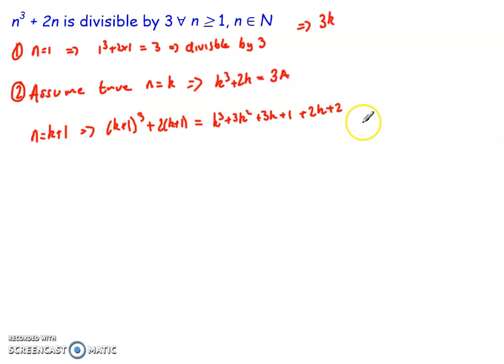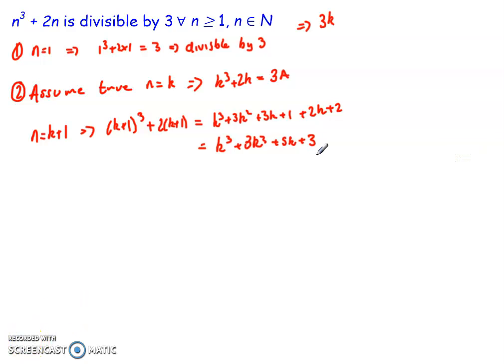So what I can now do is simplify all of this. What I'll end up getting is k cubed plus 3k squared. I'm then going to simplify the k's and get plus 5k, then plus 3.